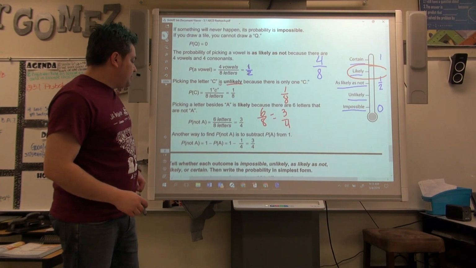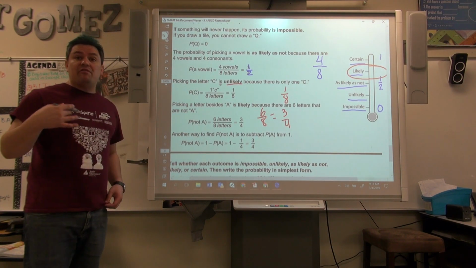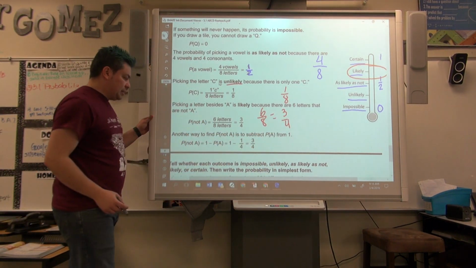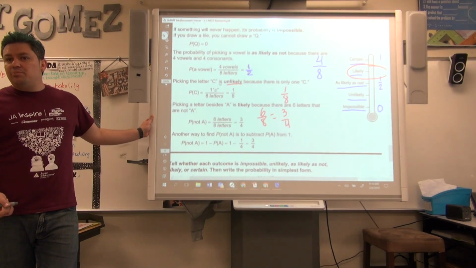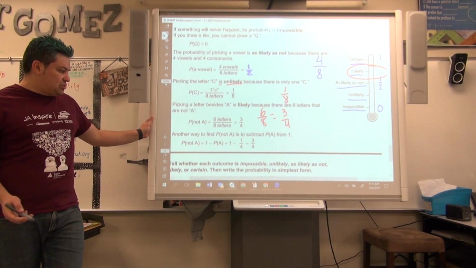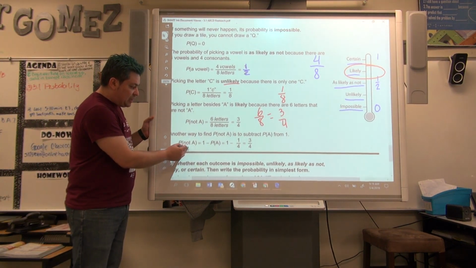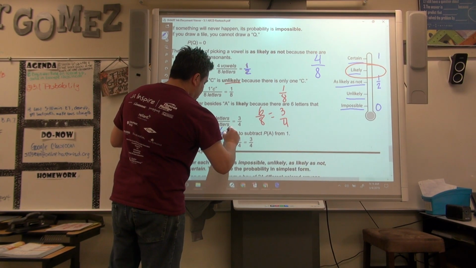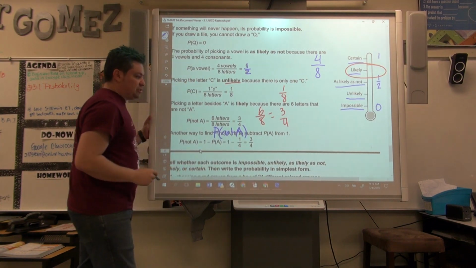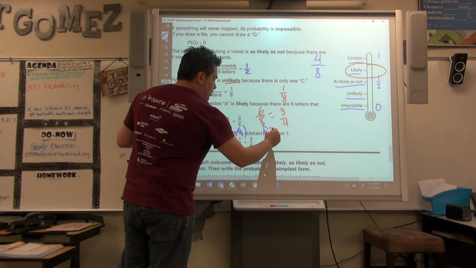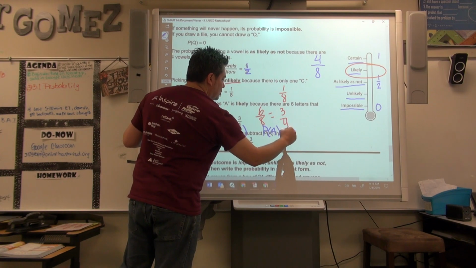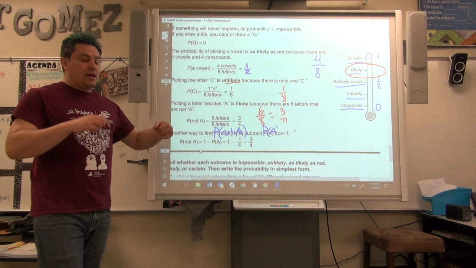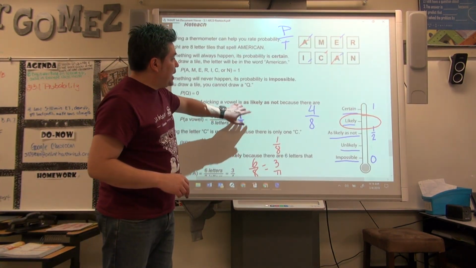It says another way to find P, which is probability, not A, is to subtract probability A from 1. P stands for probability. P of not A is to subtract P of A from 1, or 1 minus P of A. So how many chances do we have of getting A?